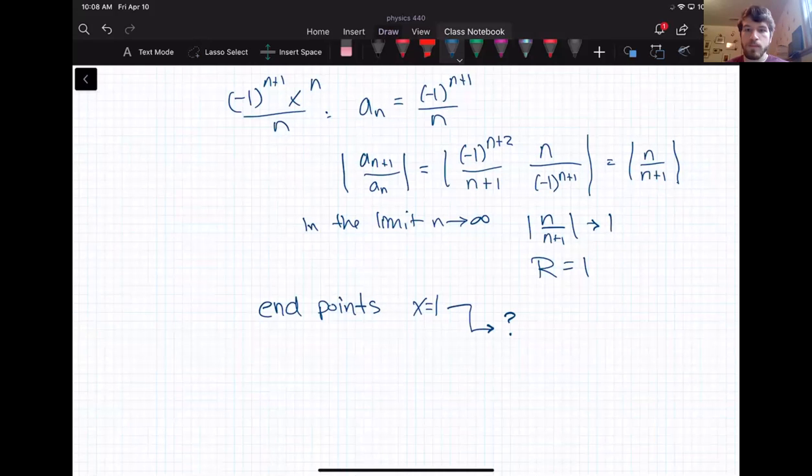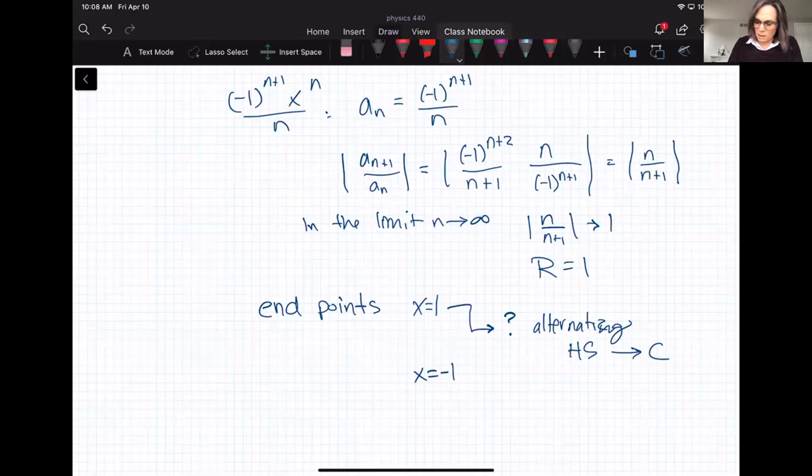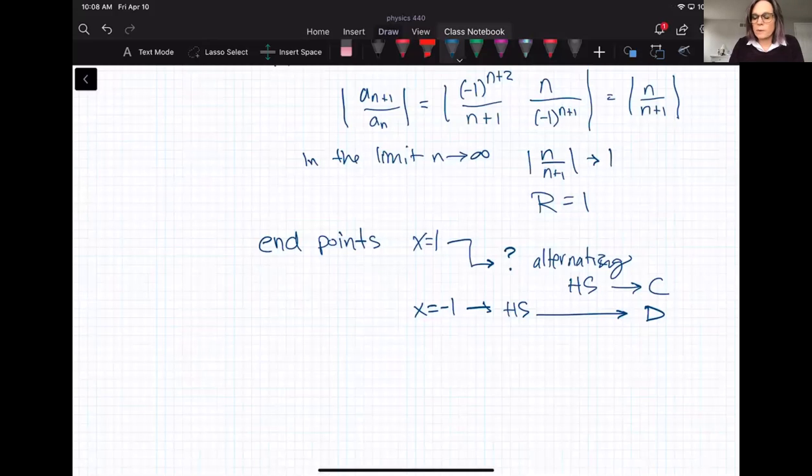Right, in fact, it looks like the alternating harmonic series, which means that it converges. Remember, the harmonic series doesn't converge, and in fact, when x is equal to minus 1, we get the harmonic series itself, and that diverges. So the region in which this power series would converge is for values greater than minus 1 and less than or equal to 1.